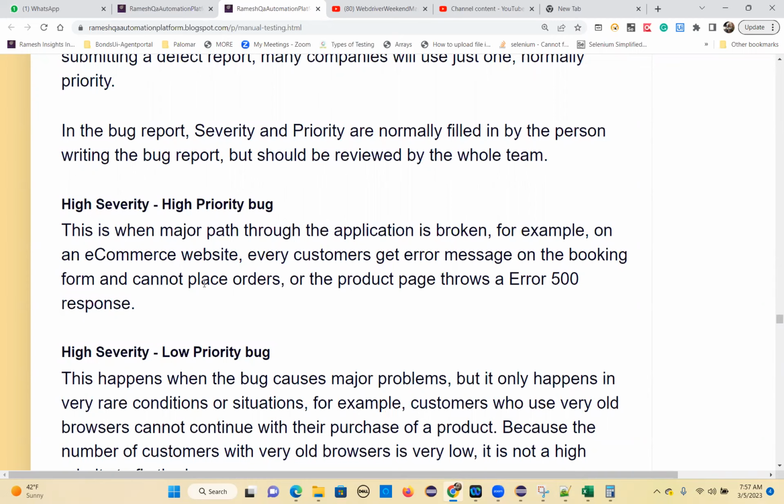Then the product page throws a 500 internal server error. This is a high priority and high severity bug, because the major business is booking the product, right? Placing orders. If that itself is not working, then it's a big damage, right? So that's why you have to give high priority, high severity to such kinds of bugs.